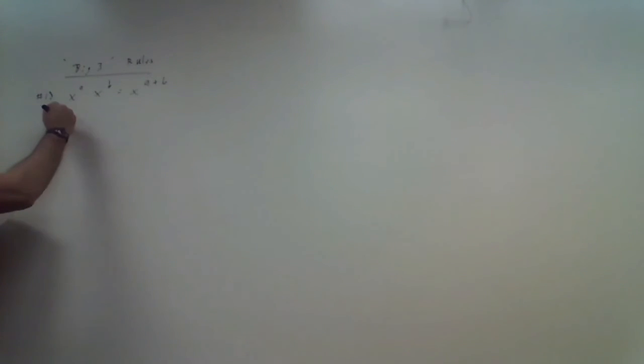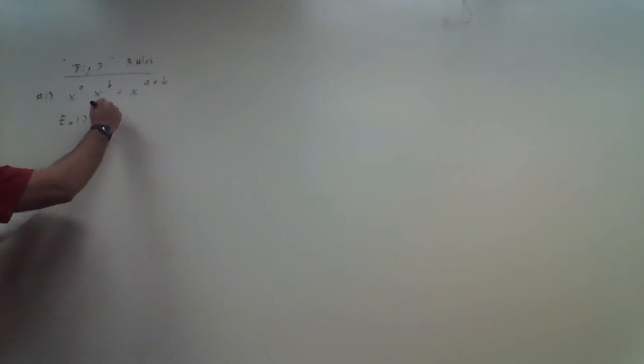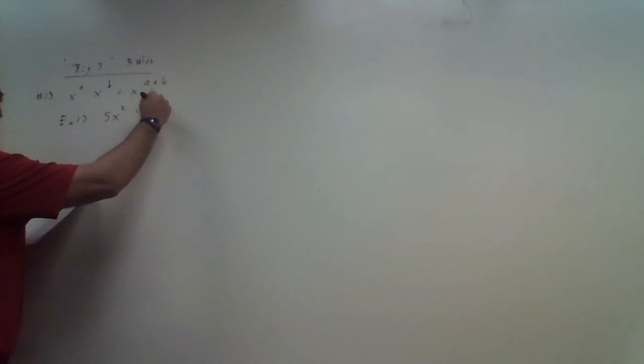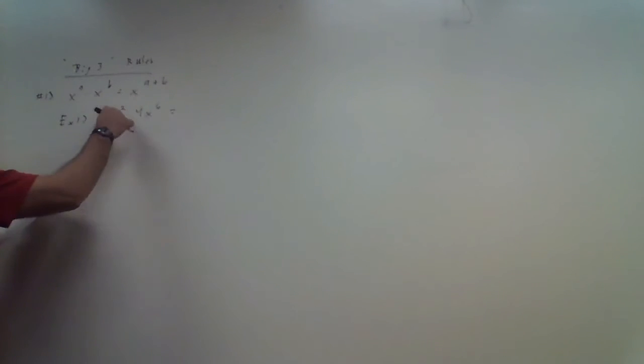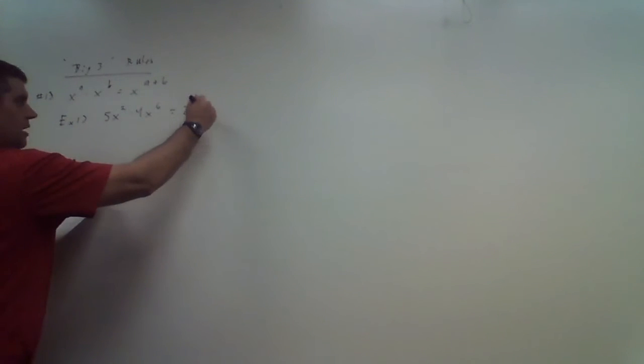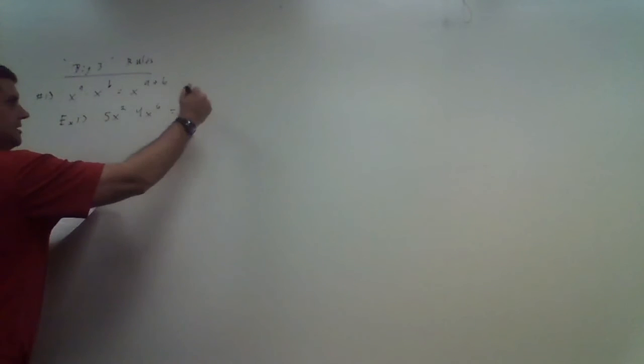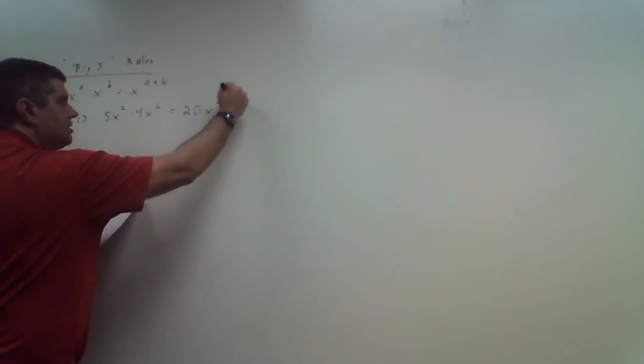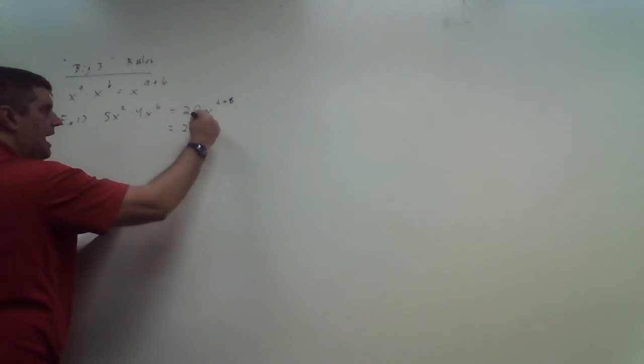So example 1. If you have 5x squared times 4x to the 6th, that's going to be 5 times 4, which is 20. And 2 plus 6 is 8. So you'd be adding the exponents, so you would have 20x to the 8th.